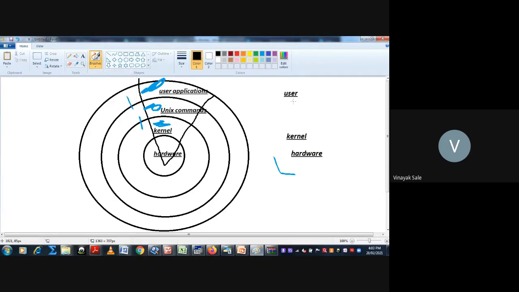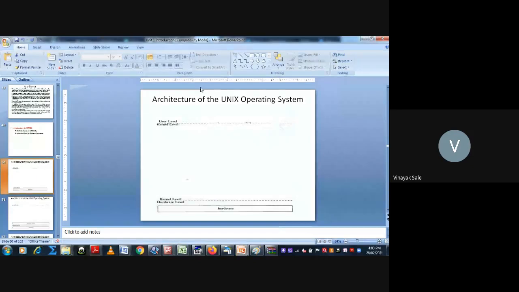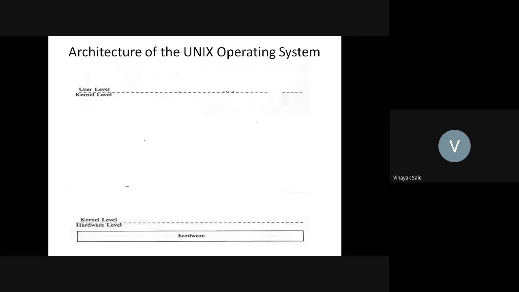From this part, here also kernel, then here also kernel. So the kernel appears two times. Here user level, then below that there is the kernel level. This whole part is the kernel level.